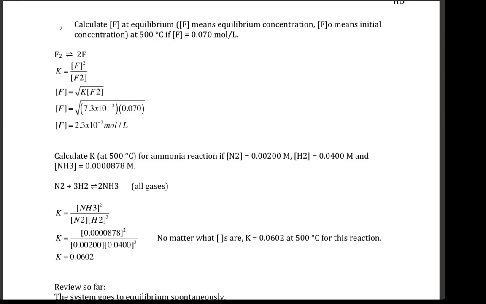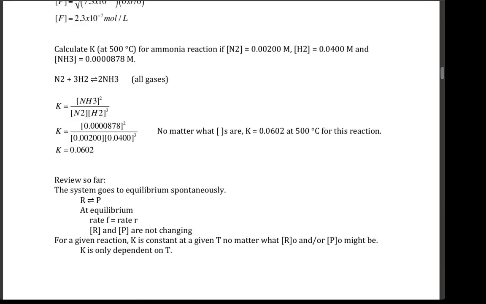K from earlier is 7.3 times 10 to the minus 13 times 0.070, and we end up with the fluorine atom concentration at this 500 degrees Celsius at equilibrium being 2.3 times 10 to the minus 7 moles per liter. So although we don't include units for K, we do include units, of course, when we're referring to concentrations.